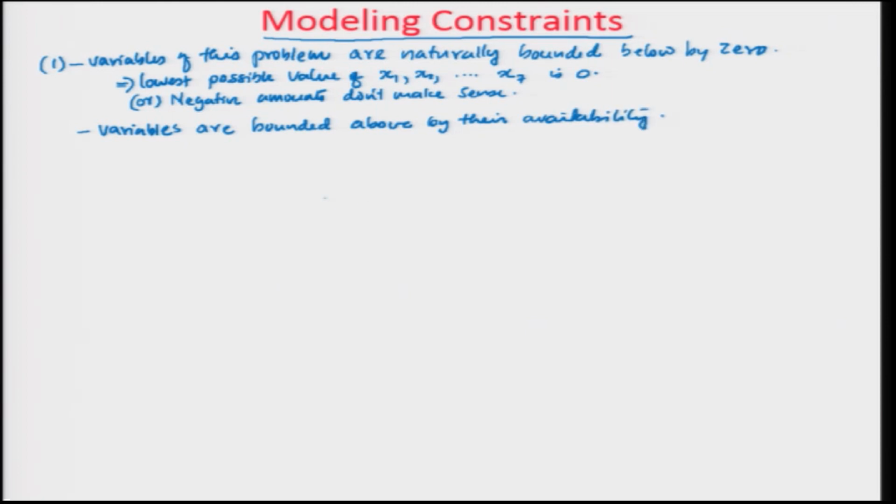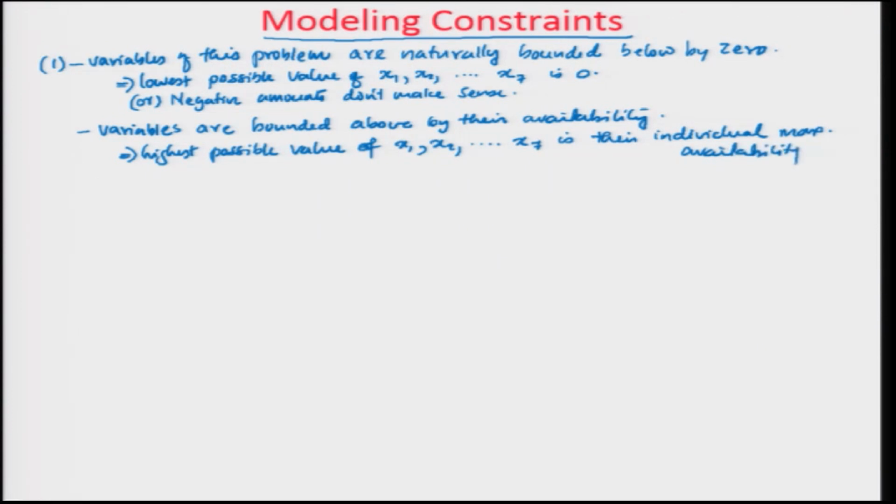So how much is available, which means the highest possible value of x1, x2, etc., x7 is their individual max availability.